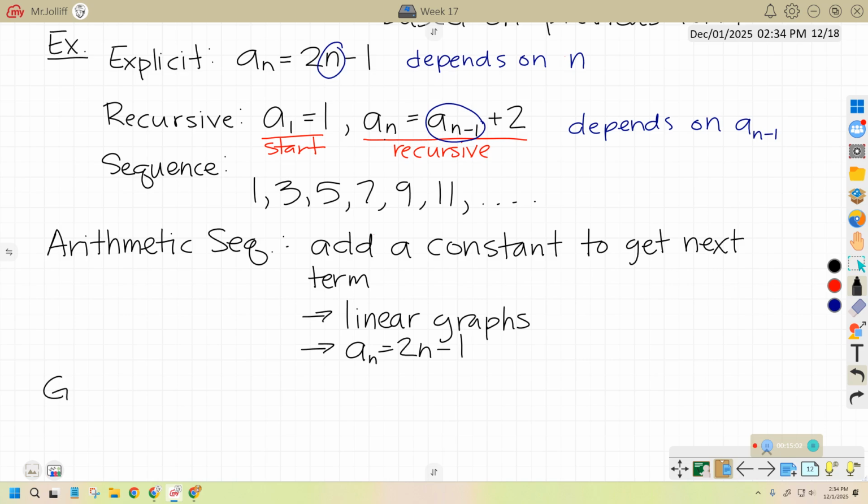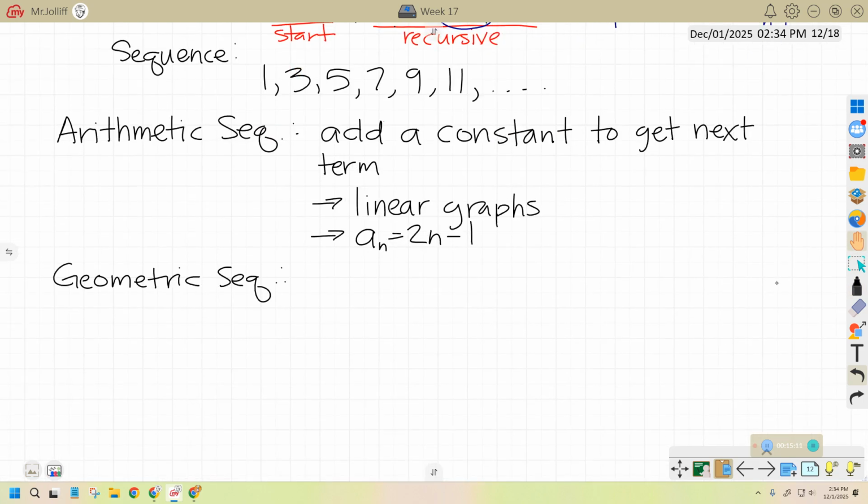Geo. Ethan was there. Geometric sequences, yeah. Arithmetic sequences, we add a constant to get to the next term. With geometric, what do we do? Multiply, yeah. We multiply by a constant to get the next term.